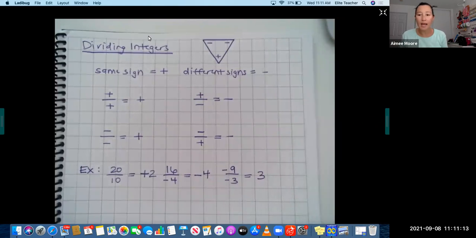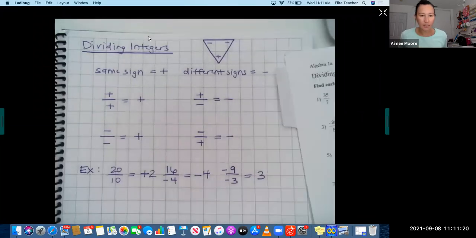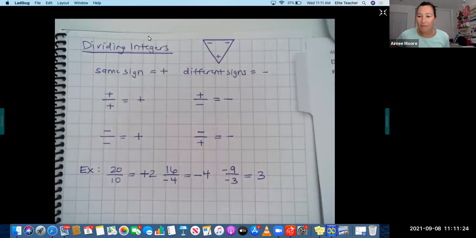Okay, go ahead and if you have your workbook, we're going to be on page 5 and 6, the dividing integers assignment. If you don't have it, just on that same piece of paper that you copied down your notes, you can just go ahead and write number 1 and write the answer, and then number 2 and write the answer.